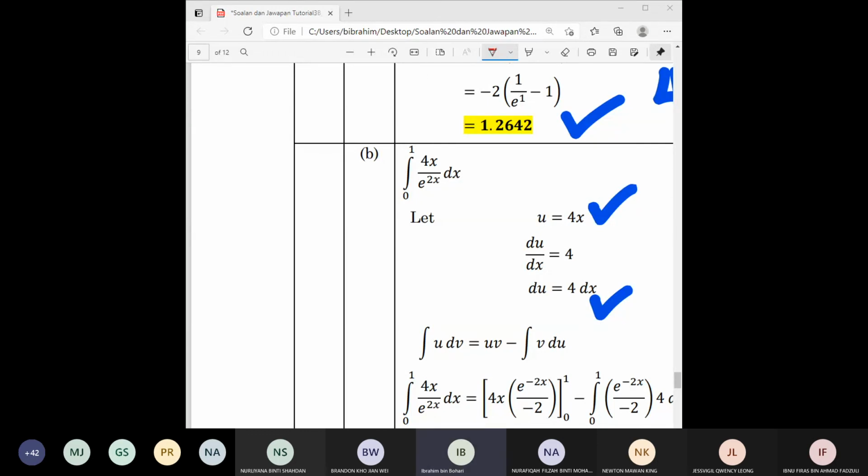Saya ambil dulu attendance. Okay, ada lagi soalan yang lain?